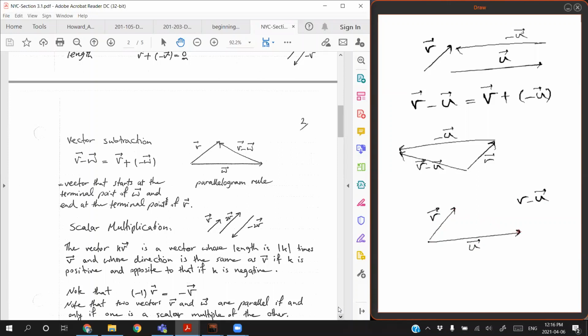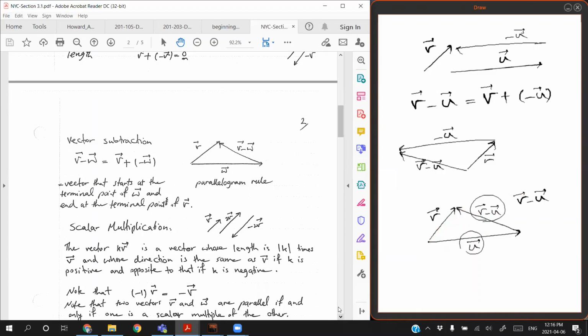So the vector that goes from the terminal point of u to the terminal point of v. That would be v minus u. Now, notice that this is very similar to the triangle method if you're adding this and this. So if you're adding these two vectors, you have u plus v minus u. The u and the minus u, they cancel out, you get v.